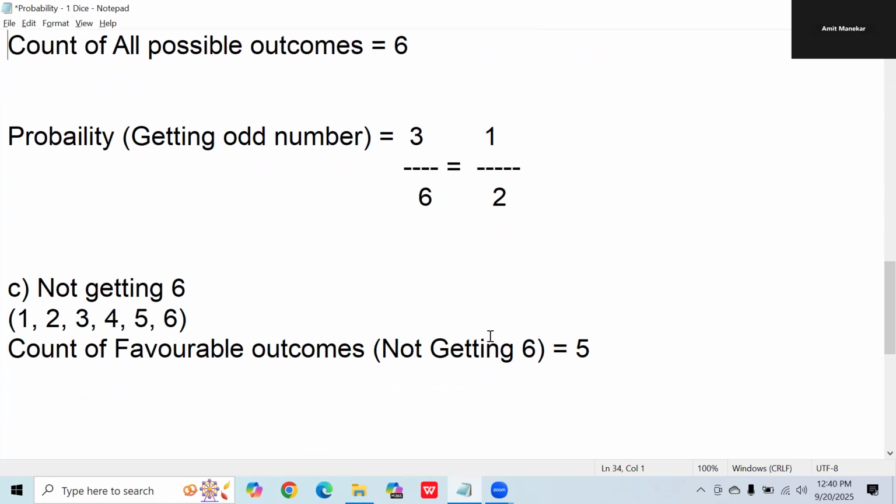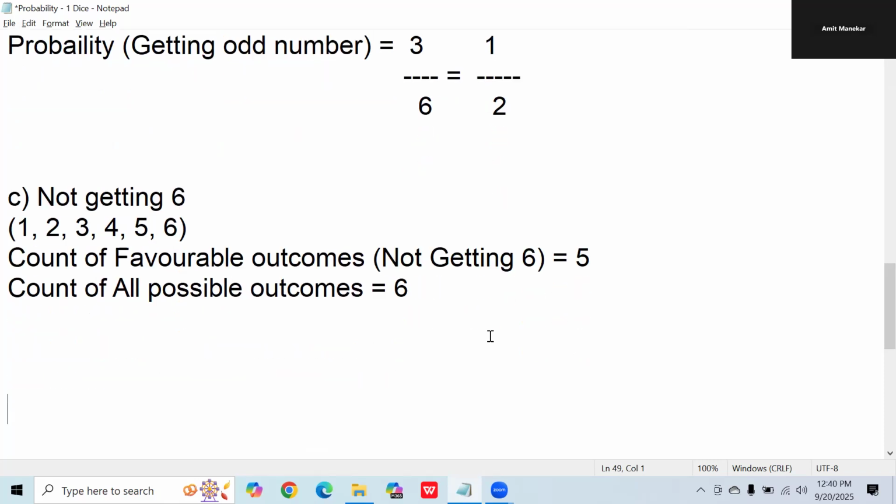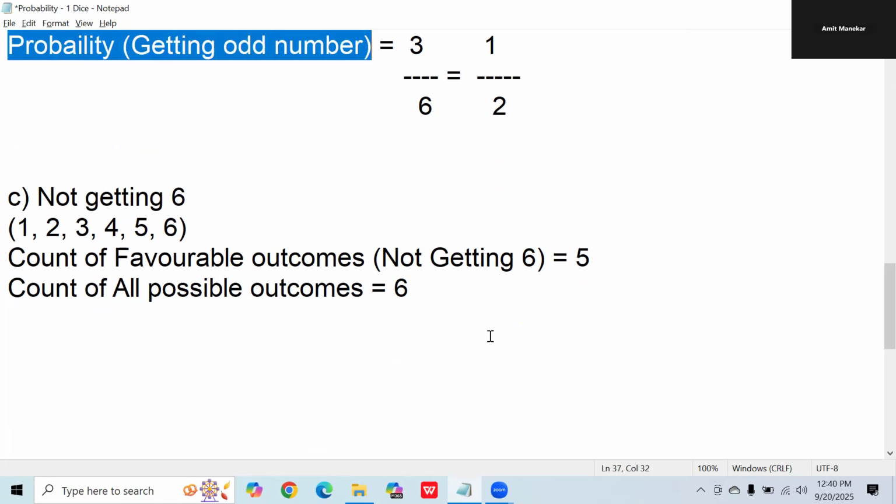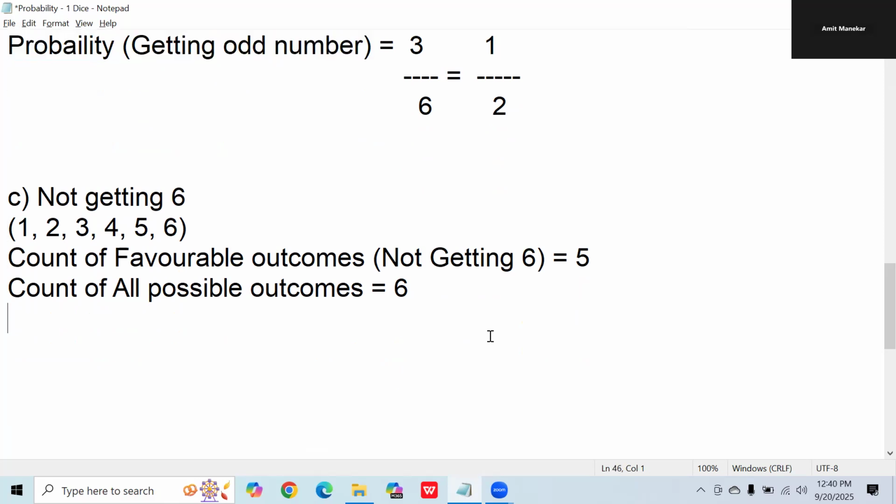And we have the count of all possible outcomes, that is 6. That is the same across all the problems for one dice. So the probability of not getting 6: how many favorable outcomes do we have for this? 1, 2, 3, 4, 5.